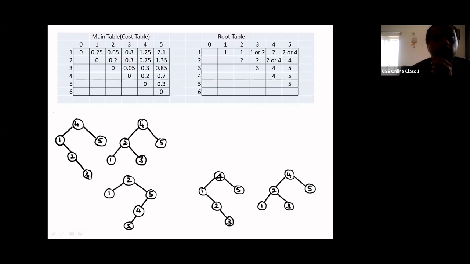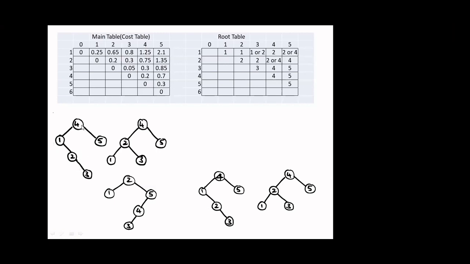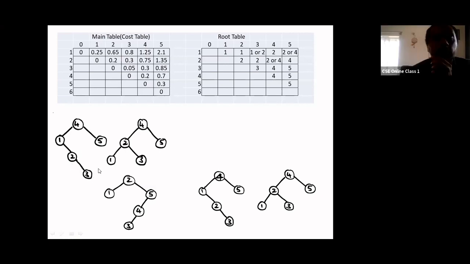And key 3 is having a probability of 0.05, and how many comparisons? 4 comparisons. Yes, sir. 0.05 into 4 comparisons. So total summation, are we getting 2.1? Yes, sir. We are getting. So you can also check for other trees also. For all the other trees also, we will get in the similar way 2.1 as our comparison value.